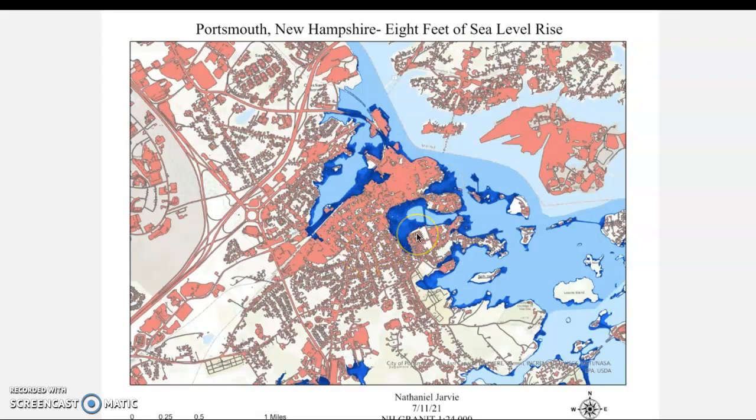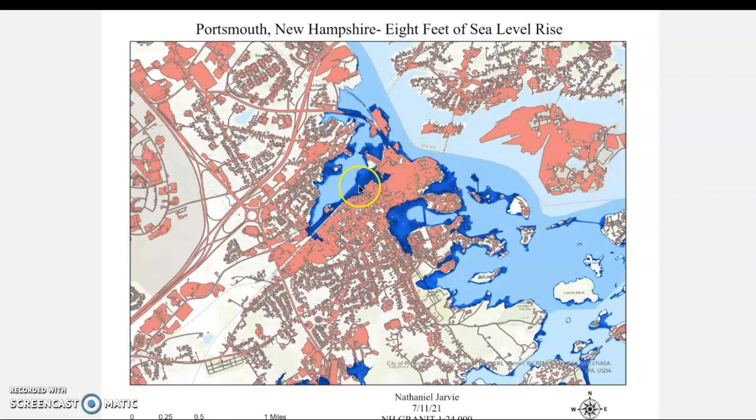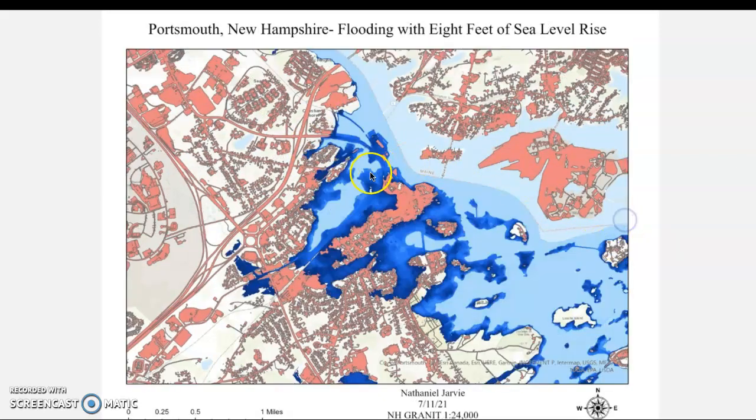As you can see, it's not too dissimilar from what it looked like with 2 feet of sea level rise and when there was flooding. And this is just 8 feet normally what it would look like. And this is 8 feet with the flooding. As you can see, the entire downtown core here is either underwater or it's completely surrounded by water.